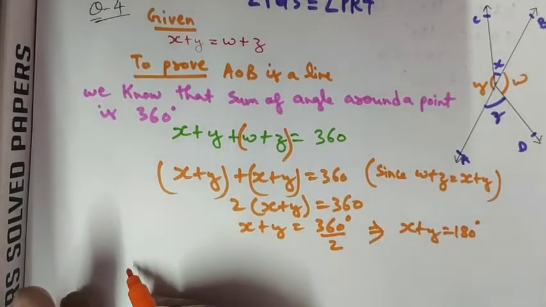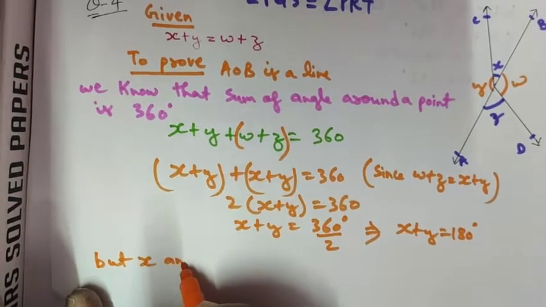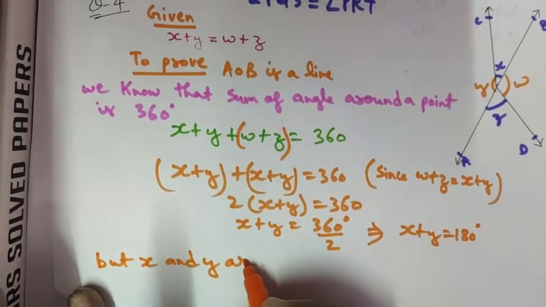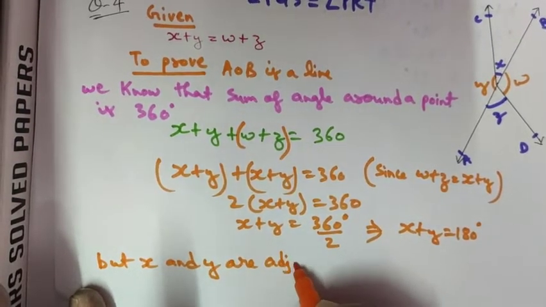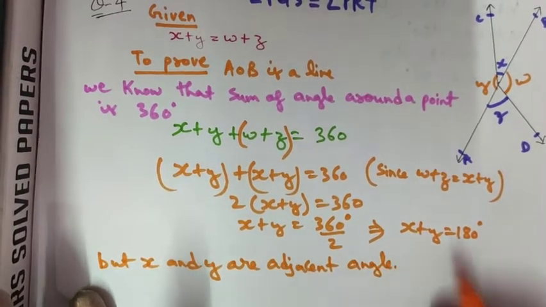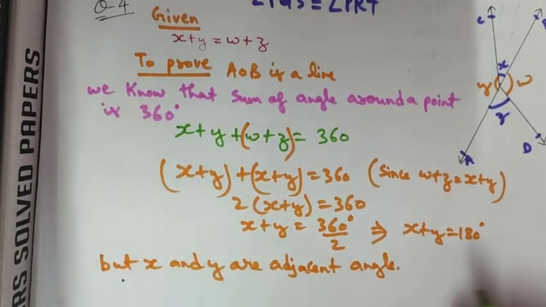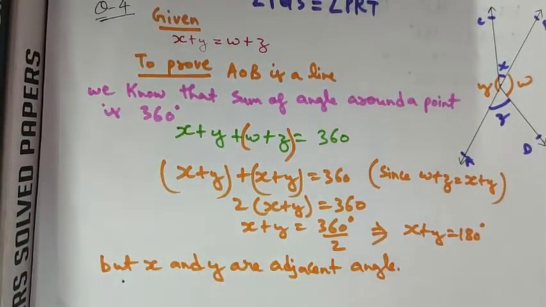So, X and Y are adjacent angles, therefore they are linear pair.